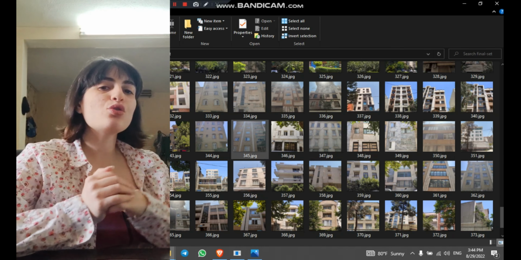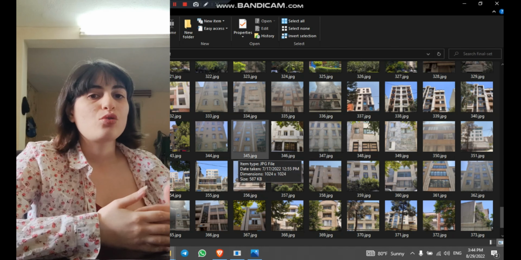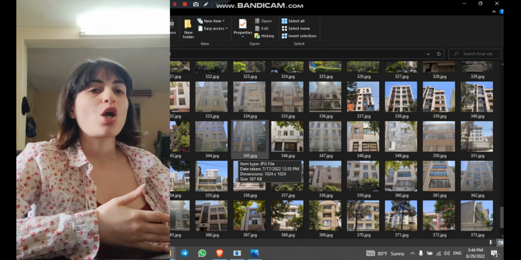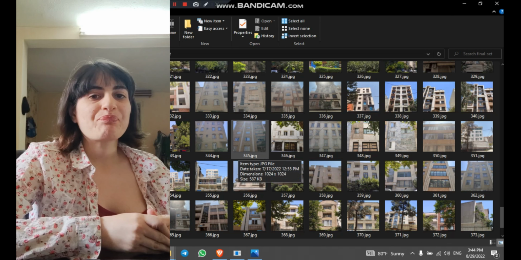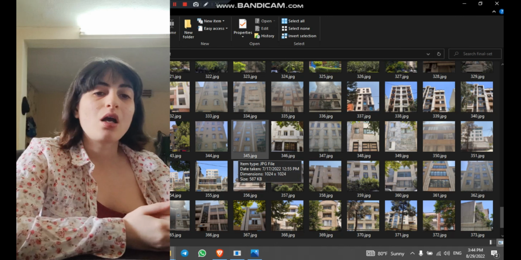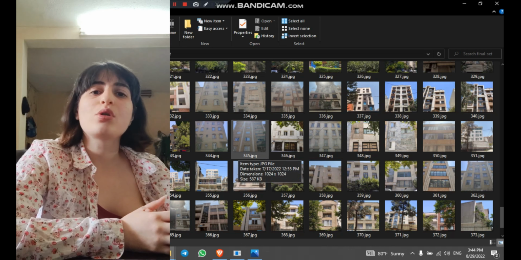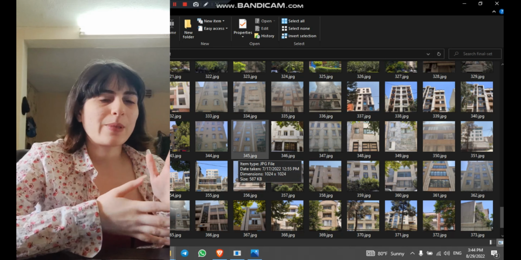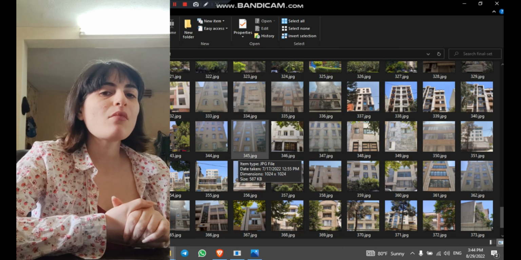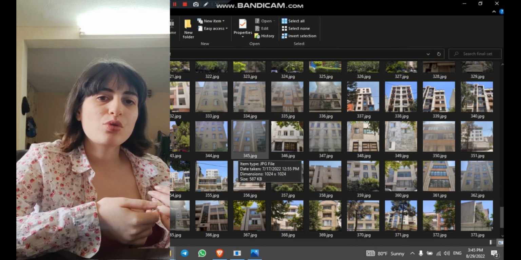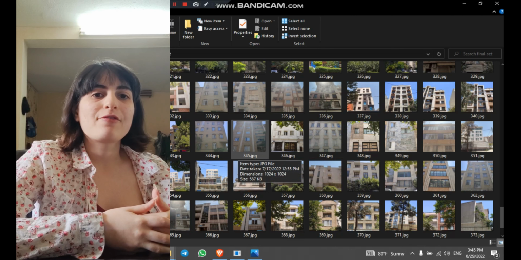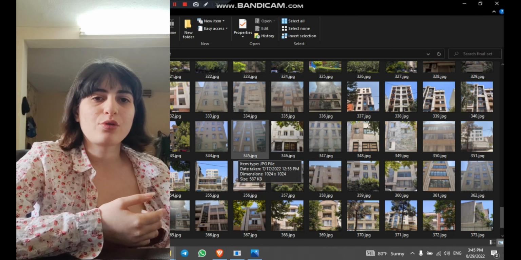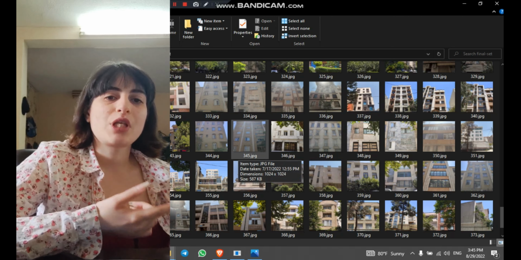And then after you took all the pictures, you should resize them. It depends on what code you are using. For example, all of them have explanations, and the one that I was using should have 1024 by 1024 pixels.